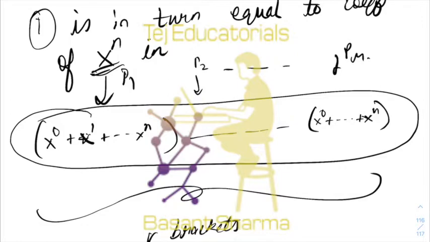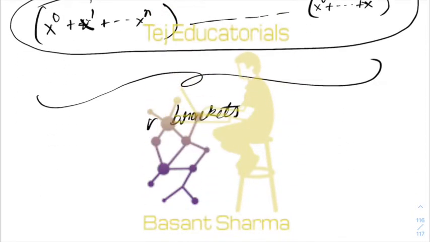And why is that? You see, there is a one-to-one correspondence between the non-negative integral solutions. You have this equation, where yi is greater than or equal to 0.